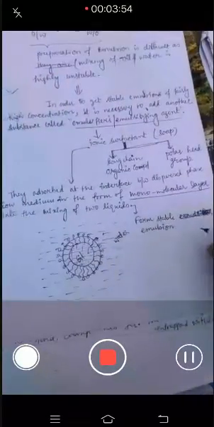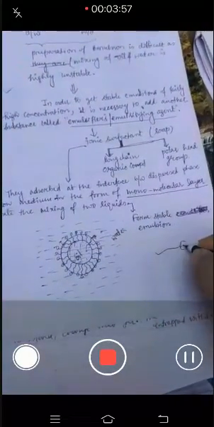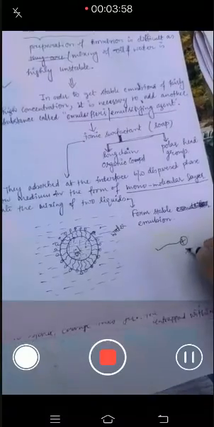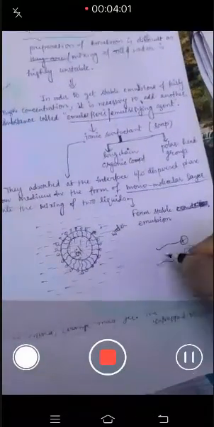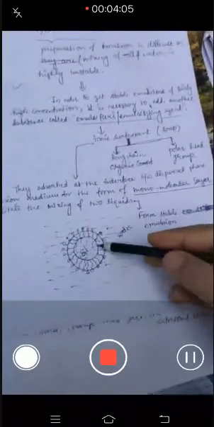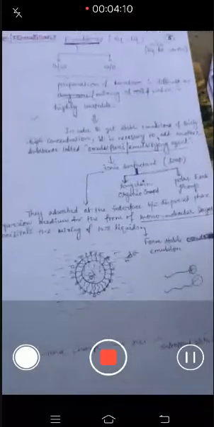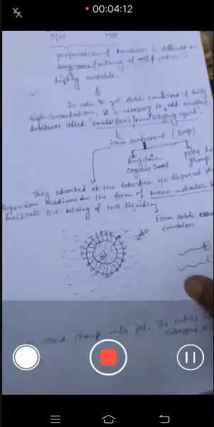For example, soap. In soap there are two portions: one is polar, with positive or negative charge, and one is the tail portion, the long hydrocarbon chain, and they stabilize this water and oil mixture like this. So in this way we can prepare the emulsion by adding the emulsifier. Okay, so this is the classification of emulsion.